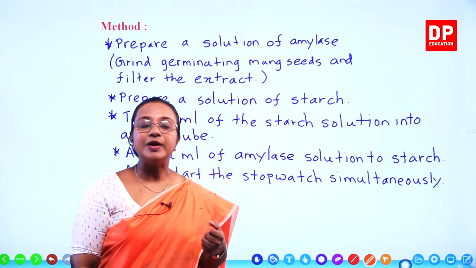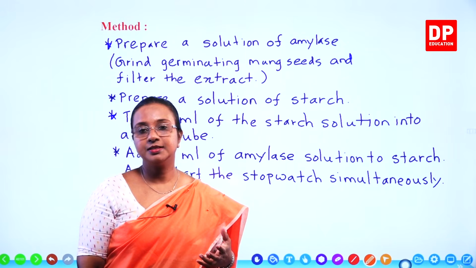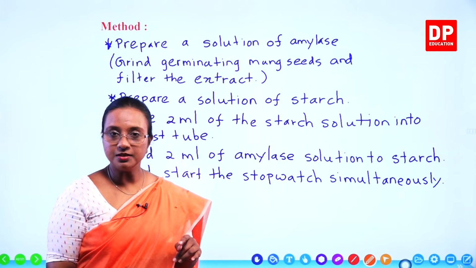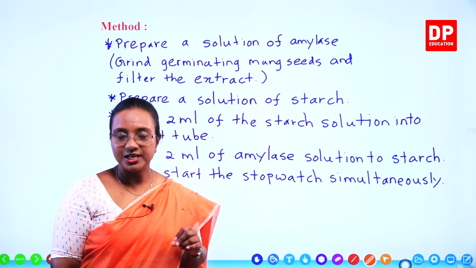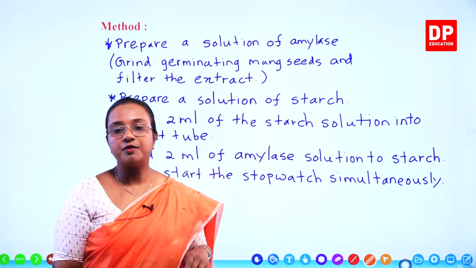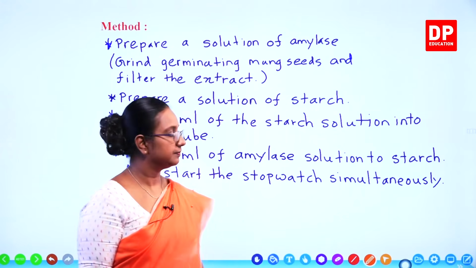Then we need to wait for 2 minutes. We draw out a drop of the reaction mixture, place it on a white porcelain tile, and to that we need to add a drop of iodine solution.